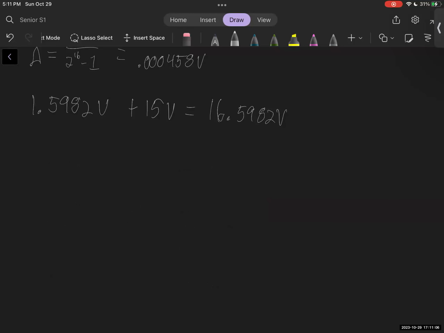For our next step, we want to find the number of steps.